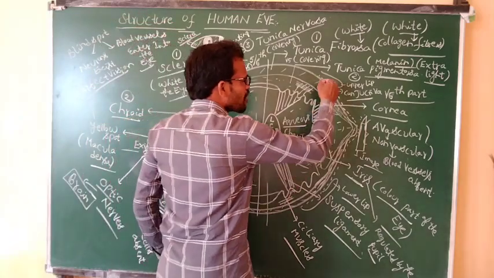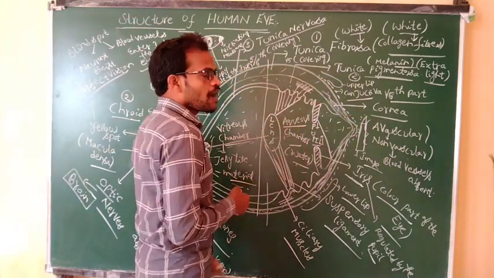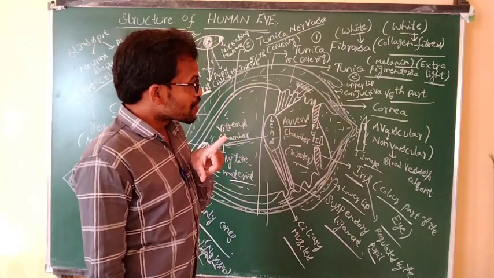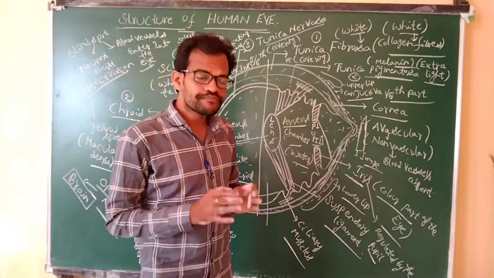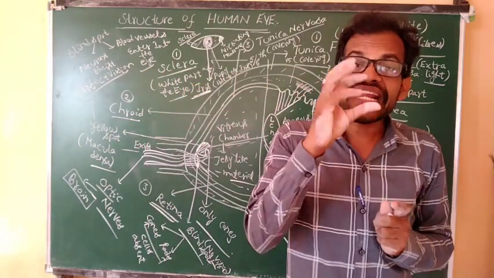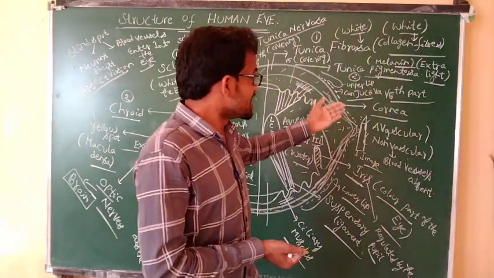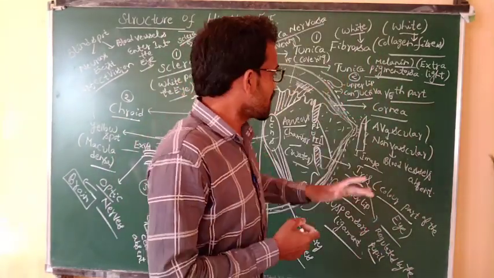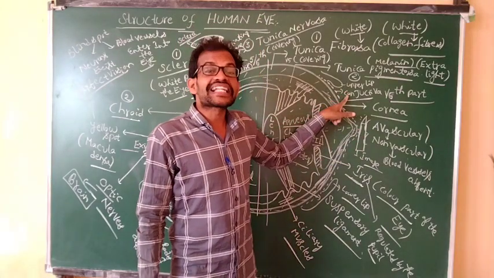The thin transparent membrane on the outside of the eye is known as the conjunctiva. For example, sometimes our eyes look red. The main reason is viral inflammation, a virus infecting the conjunctiva.